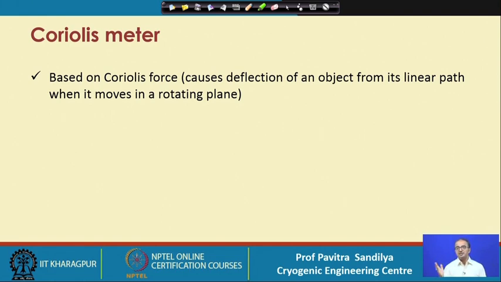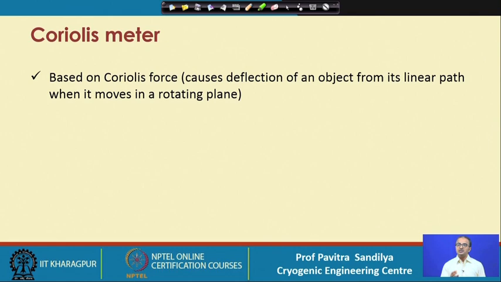This deflection is caused by the Coriolis force, and this force is obtained by having a cross product between the rotational speed and our linear velocity. So omega cross v, where omega is the rotational speed and v is the linear velocity of the object. This gives us the Coriolis force.